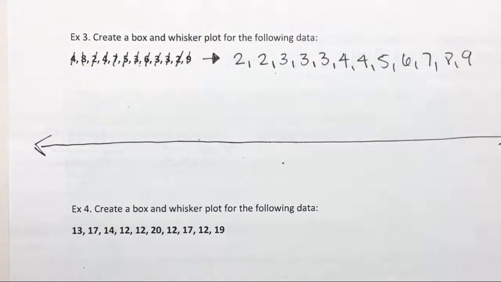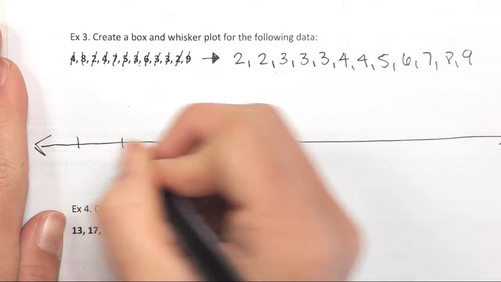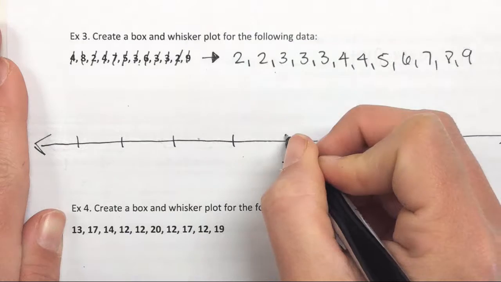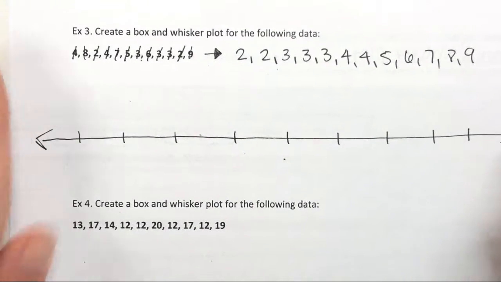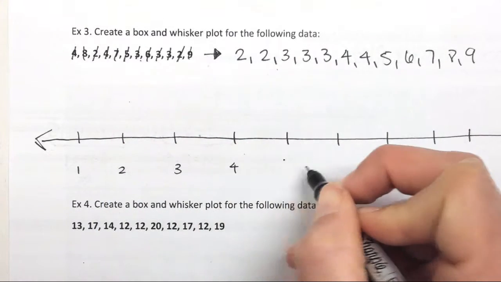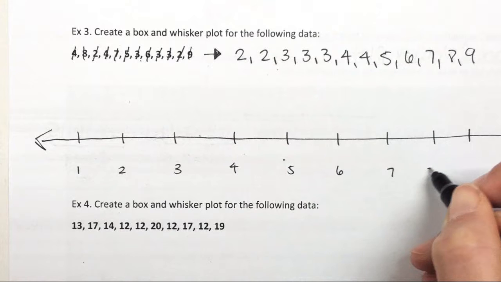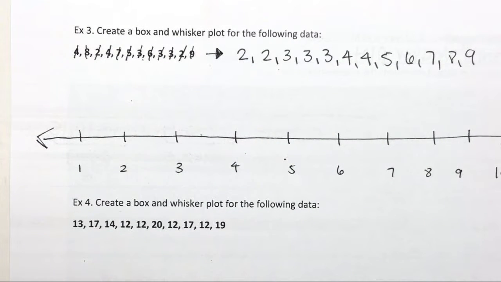All right, when we draw our number line, it needs to be from what two numbers? 1 to 10. So let's not go by 2s since it's a short range of numbers. Let's go by 1s, okay? So all the way from 1 to 10. All right, go ahead and find the median on your own.